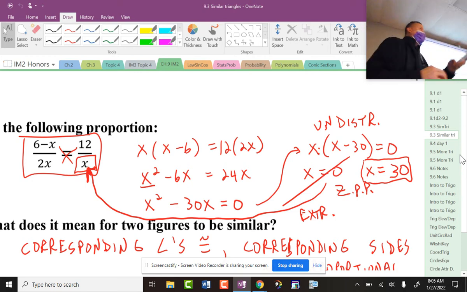Okay, so let's treat this as a note thing. That's what we should have done first. Whenever you have fraction equals fraction, you can cross multiply in order to solve. So x times x minus 6 equals 2x times 12.